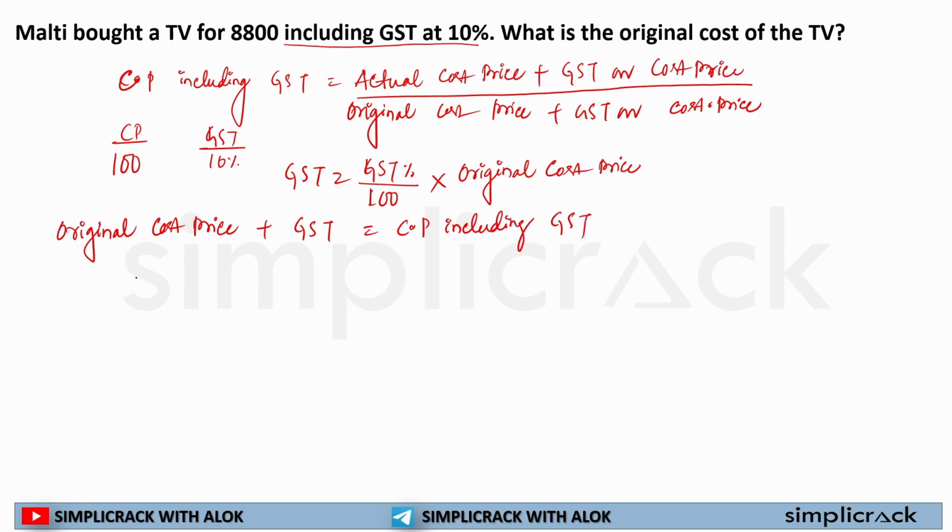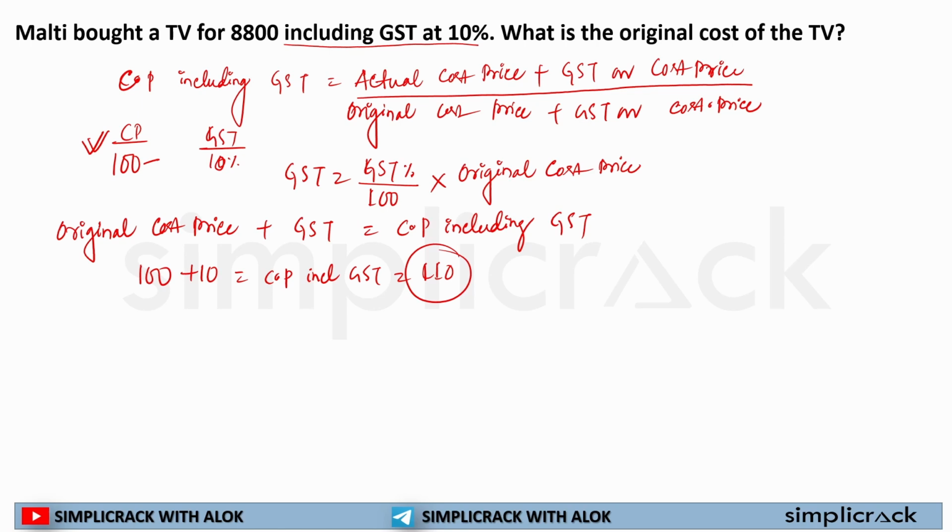So in this scenario, 100 was my cost price, 10% was my GST. So cost price including GST was 110. I hope this is clear from this notion. When 10% GST was implied, the cost price was 110.